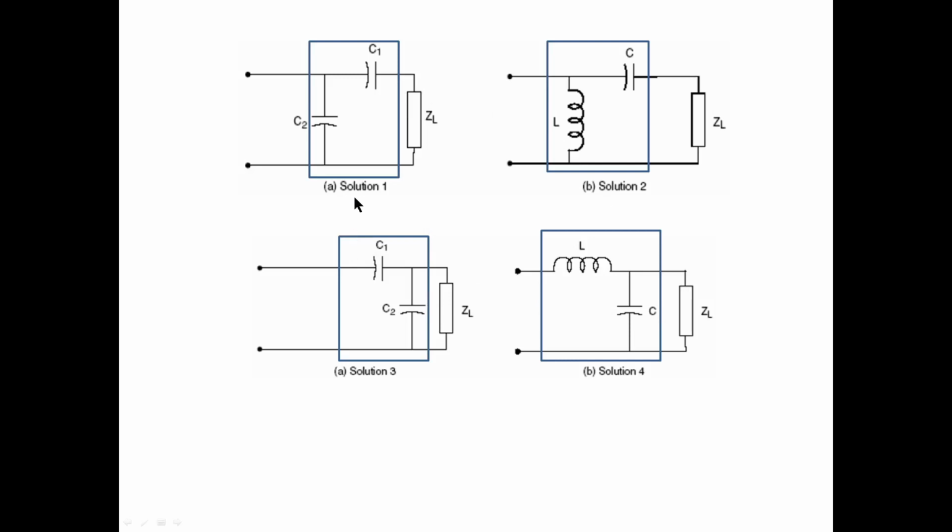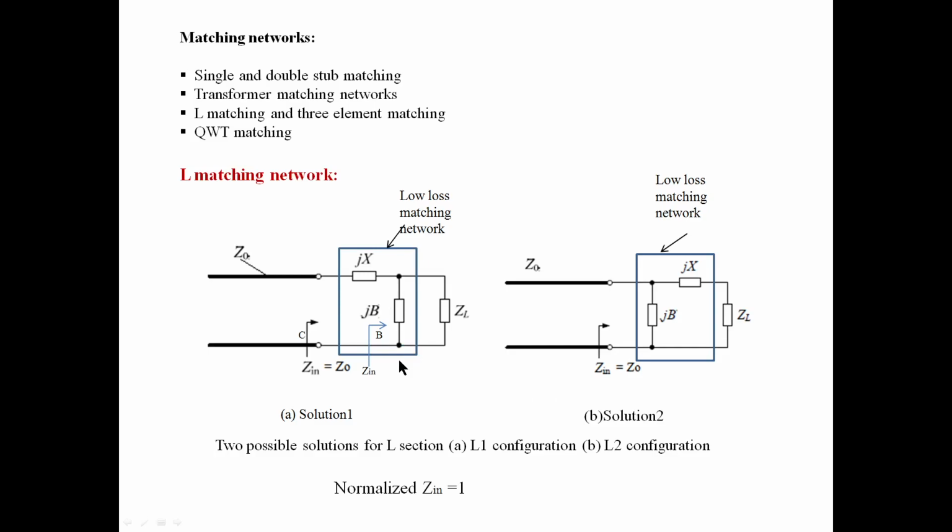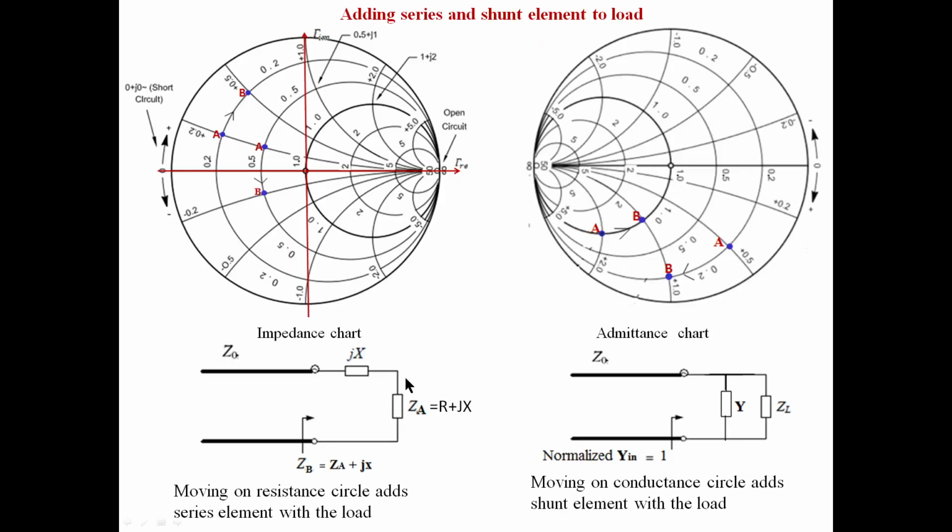You see here, these are the combinations. Capacitor, inductor, any combination of these. Both may be the same sometimes, or may be different, like inductor and capacitor. Any combination may be used. By adding like this, we can get an impedance match.